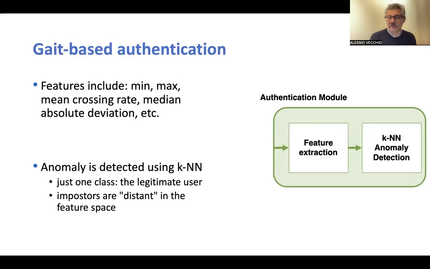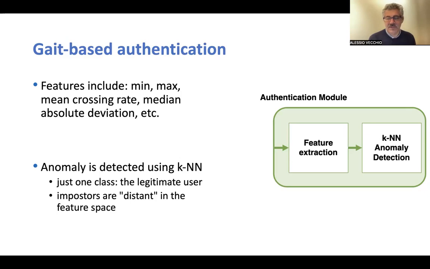And then we have the authentication module. In the authentication module, first we have a feature extraction phase and then an anomaly detection phase. The feature extraction phase relies on functions coming from the statistics and signal processing domains.